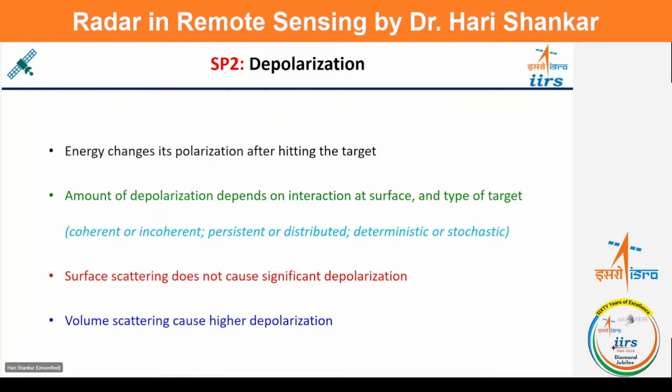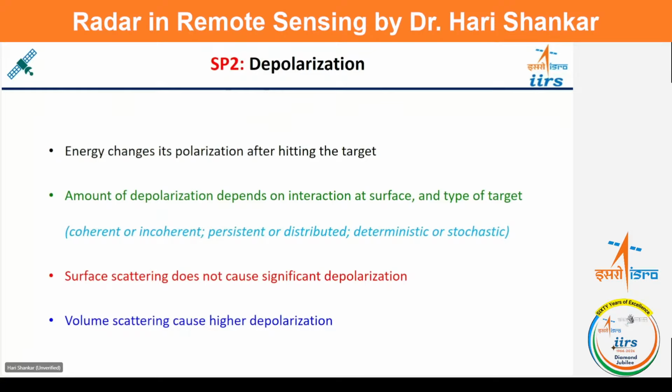But when it is backscattered from the target, it does not remain the same as it was coming from the satellite. So basically the polarization gets disturbed after interacting with the targets. How much interaction, or change in the polarization, there may be, that alteration in the polarization from its original level is called depolarization.